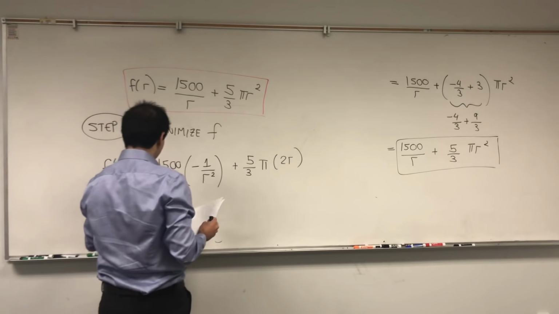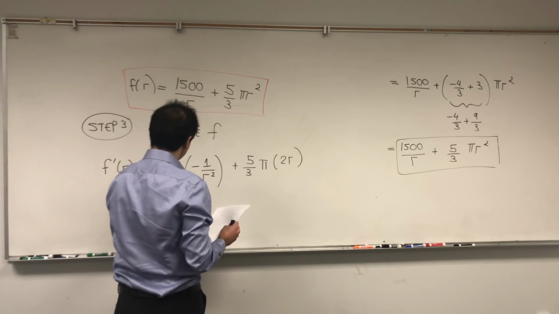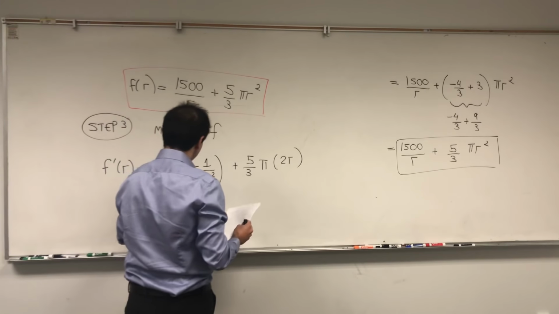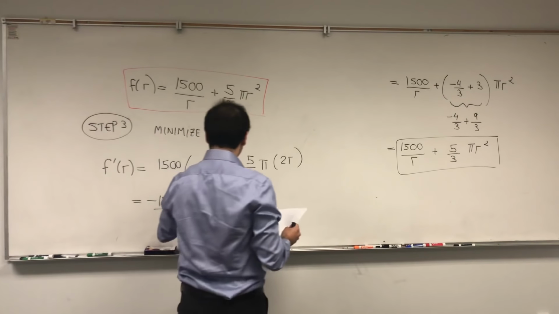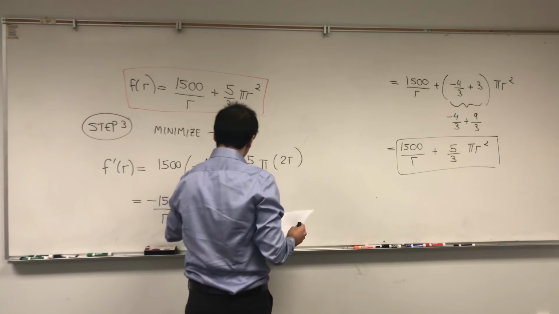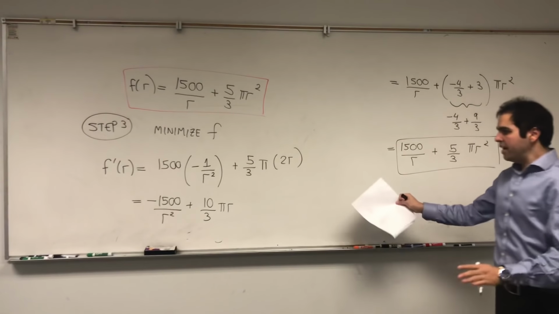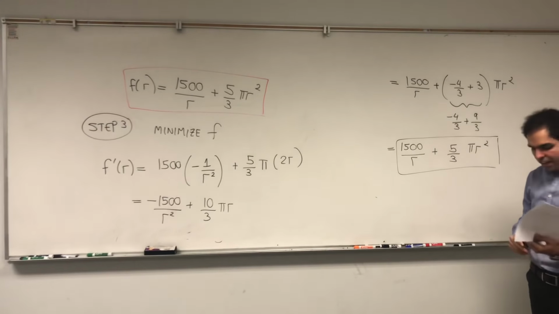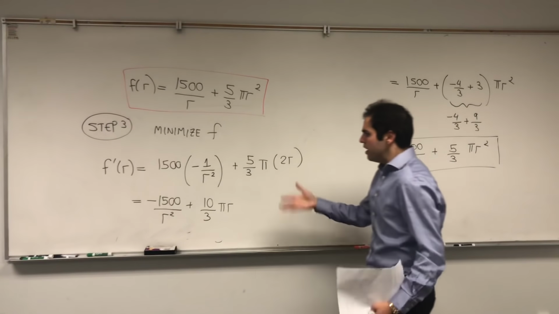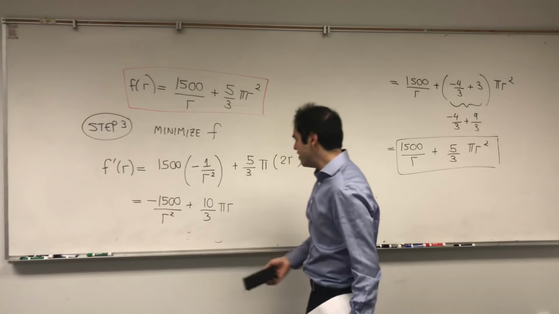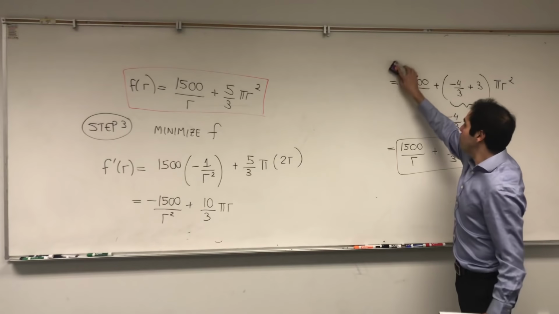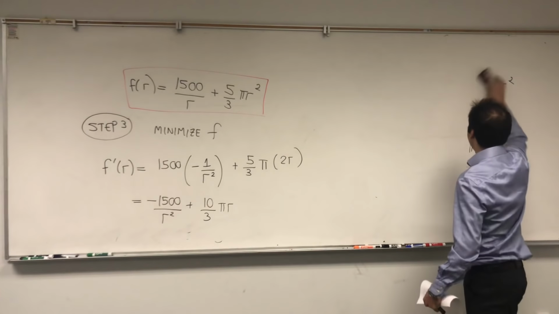And so what we're left with is minus 1500 over r squared plus, if you want, 10/3 pi r. Okay, and here's the thing, sure you can set it to equal 0, but it turns out, and this will be very useful in a second, to put it on a common denominator.